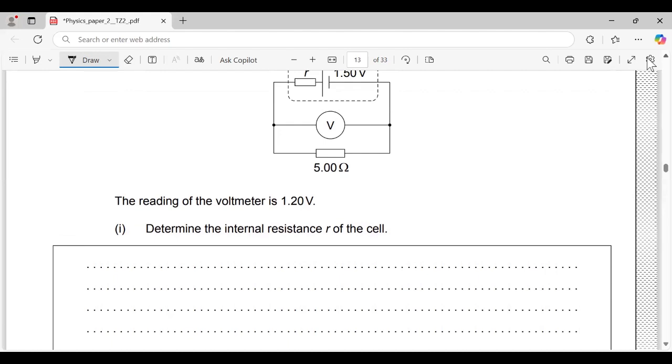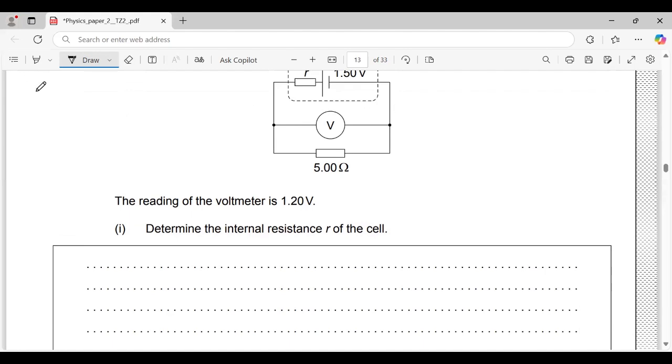To determine the internal resistance, we can use the formula derived from the relationship between EMF, electromotive force, and the terminal voltage in the circuit.